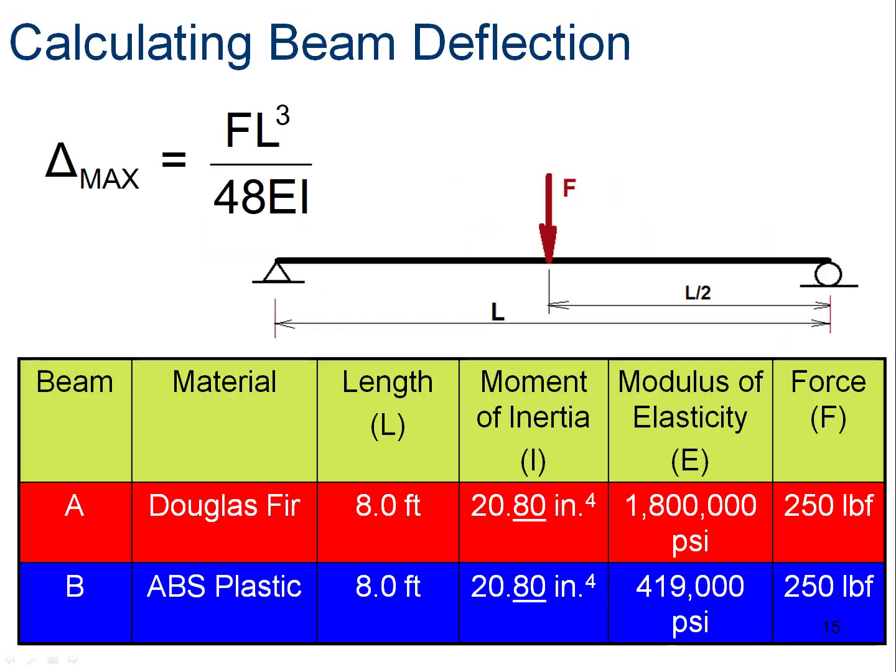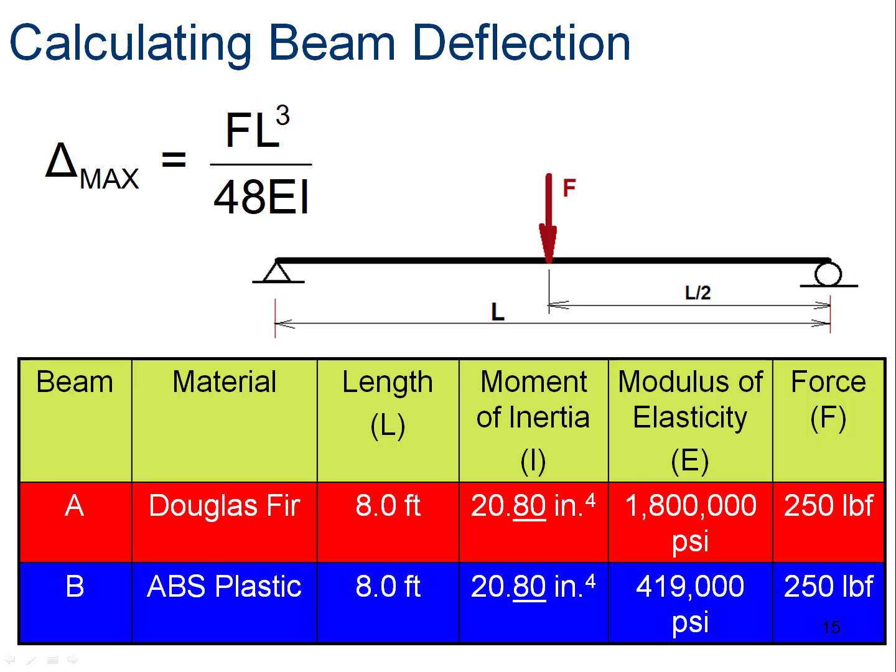So let's look at that formula. You'll find this on your formula sheet. And very simply stated, it just says that delta max is equal to the force times the length between supports cubed divided by 48, and then the moment of inertia and the modulus of elasticity.